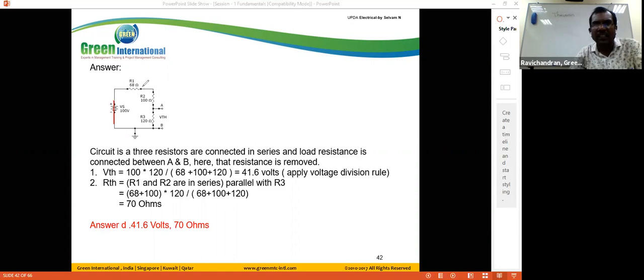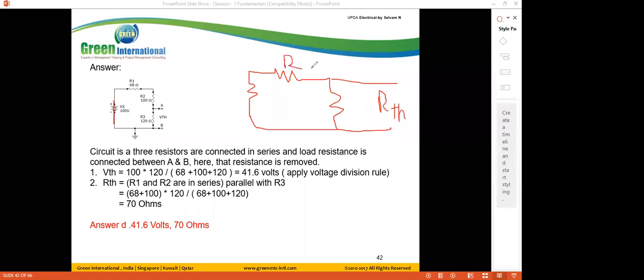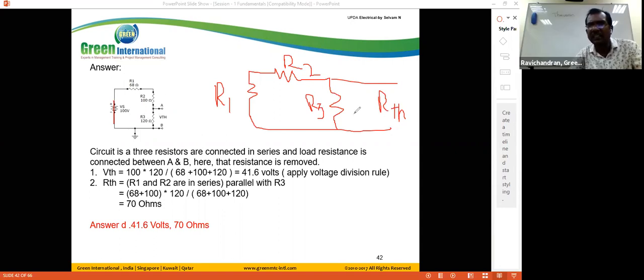Now, see the circuit. R1 and R2 are connected in series. So now I redraw the circuit like this.